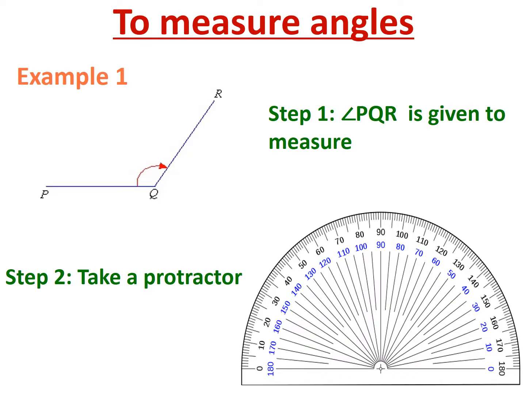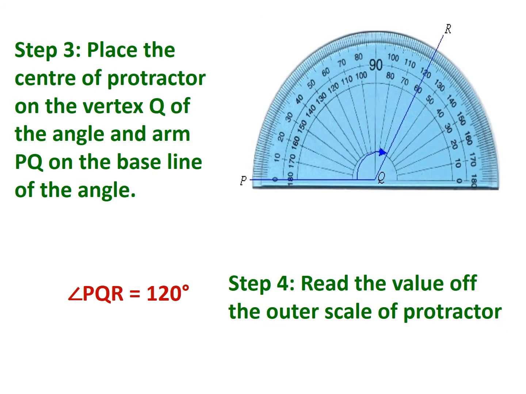To measure an angle, you have to follow some steps. Let me explain with the help of an example. Step 1. I will take an angle which I want to measure. Suppose I want to measure the given angle PQR. Step 2. I will take a protractor to measure angle PQR. Step 3.